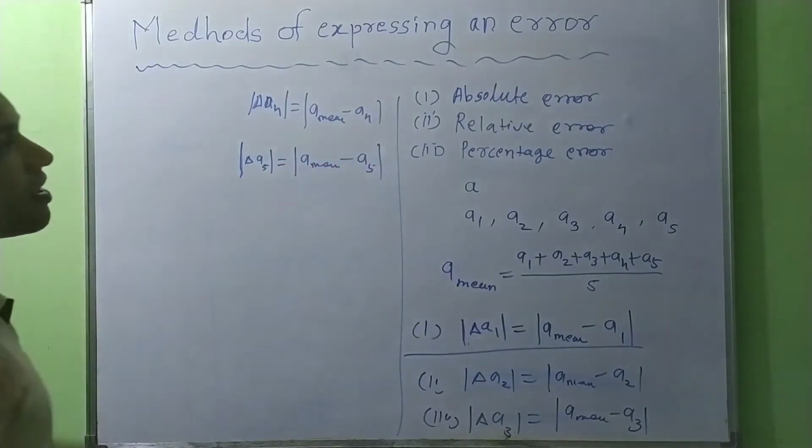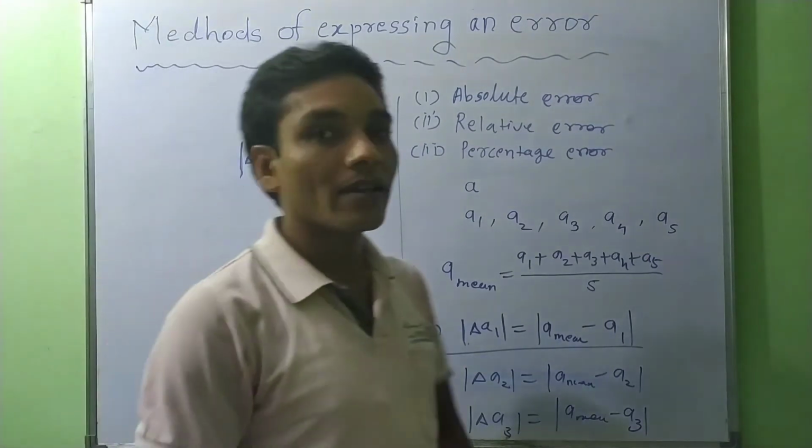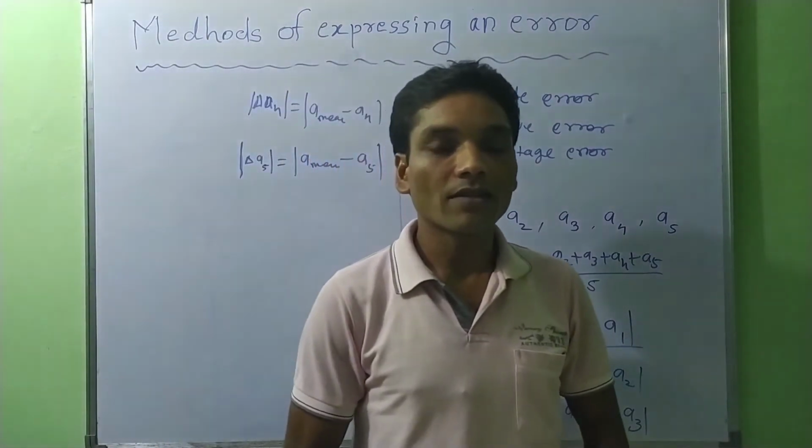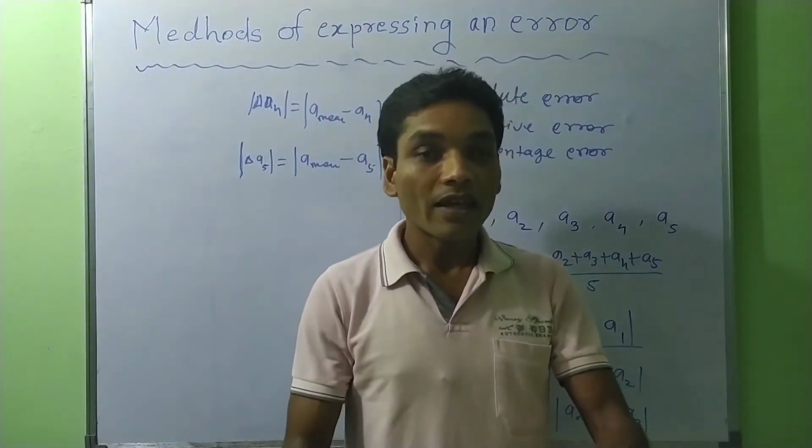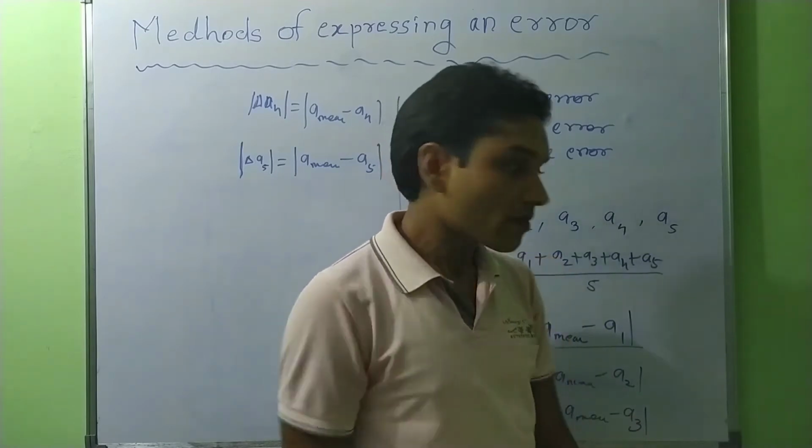These are the absolute errors for each observation. Now we will find the average absolute error.